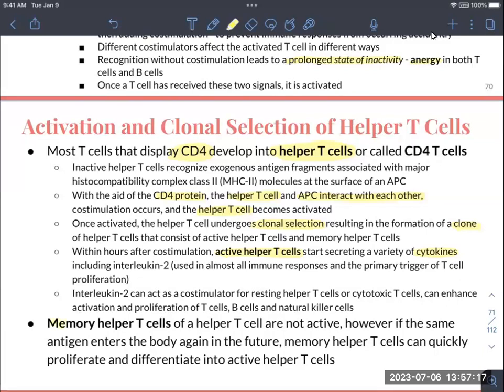We get those memory T cells that come in. Memory T cells of the helper T cells are not active. But if that same antigen comes back in the future, these memory T cells can proliferate. They can differentiate, and they can turn into active T cells to fight this same antigen again.